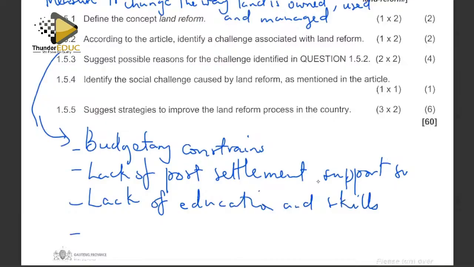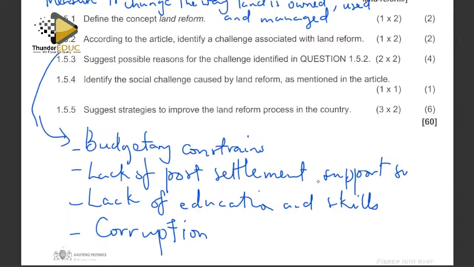Then we can also check on other factors like corruption. Some corrupt officials do not distribute the resources that are intended for the farmers. And the farmers will still be lagging in terms of productivity because of some corrupt officials who are not doing their job properly or who are benefiting from the state resources for their own sake and not for the sake of the state.